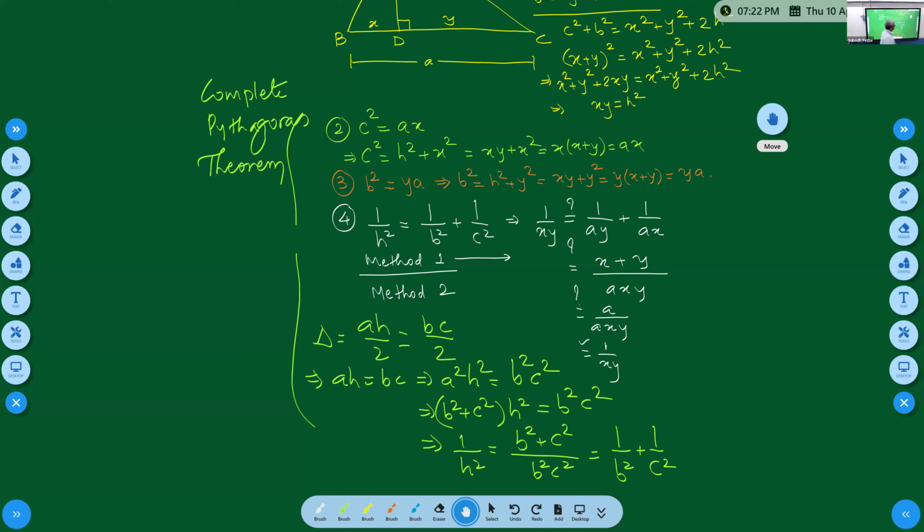So if these four results are remembered along with the original Pythagoras theorem, then you save a lot of time in solving problems because these are standard things.